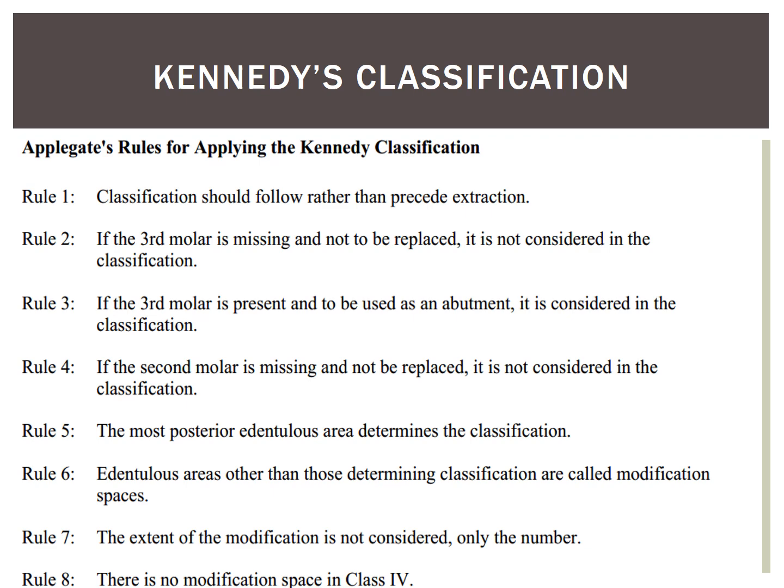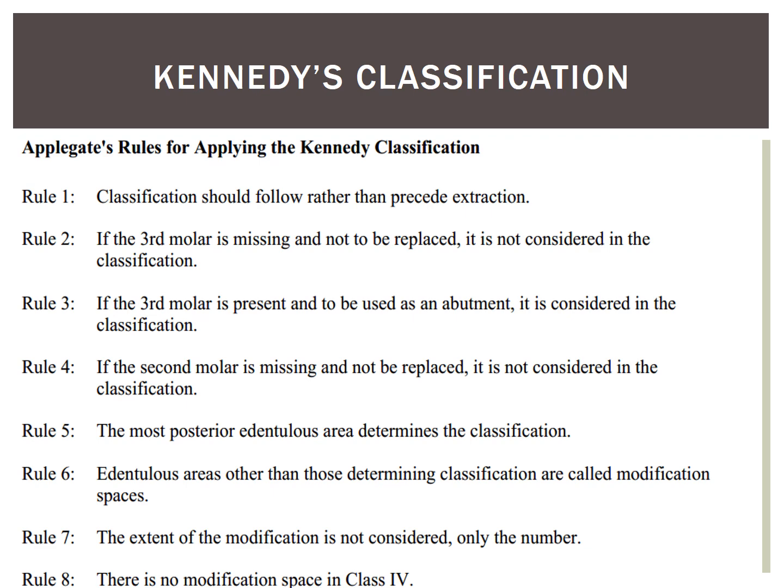If he doesn't want to get 27 replaced, then you get a different classification. So that is what rule 4 says. If the second molar is missing and not to be replaced, it is not considered in the classification. If it is going to be replaced, then you have to consider it in the classification.